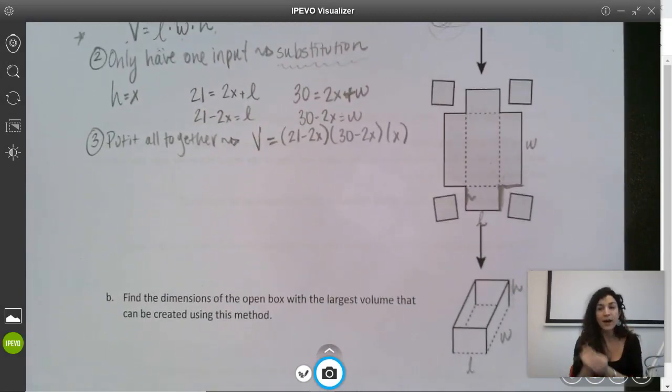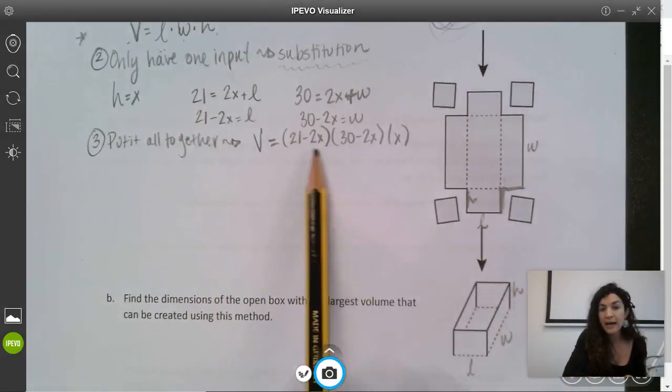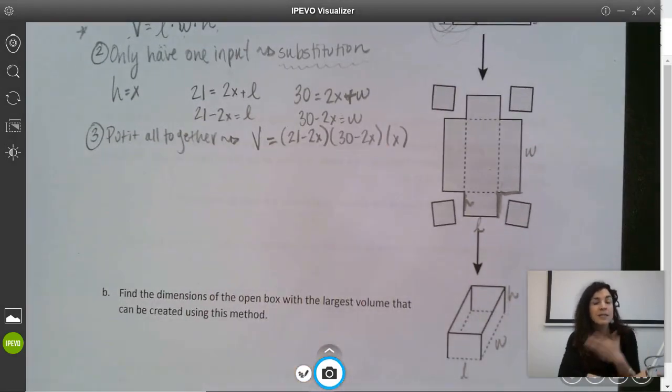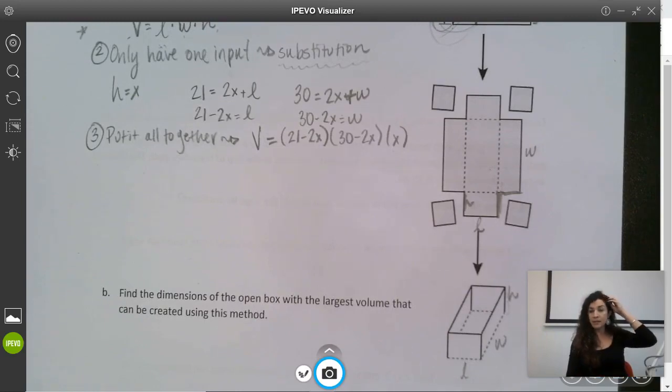So now we have a model that represents this situation where all of our inputs are gone, and now we have just one input, which is x, which is great because it's a function. It's something we can graph, something we can maximize, something we can minimize. It's got all of these things that are good, and that's our goal.